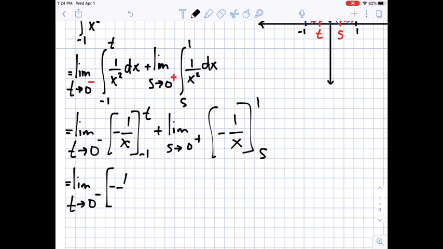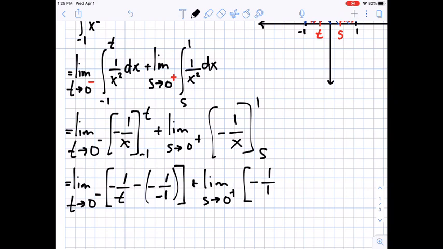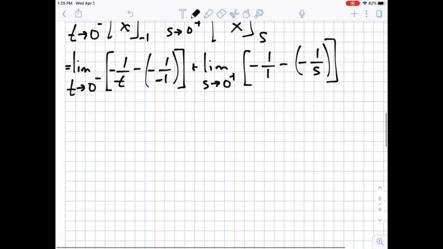So we have -1 over t minus -1 over -1. And we go to the second one, and we have -1 over 1 minus -1 over s. Okay, now we do have to be a little bit careful when we go to do these limits.